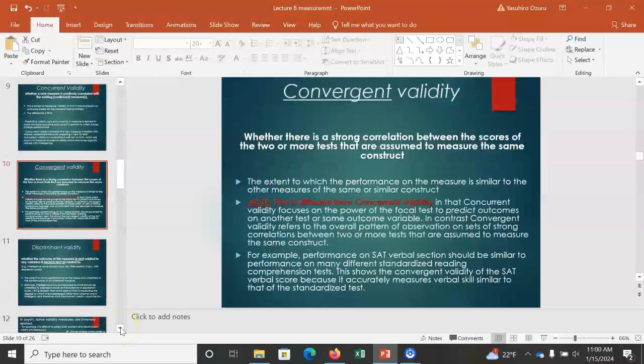Convergent validity is also somewhat similar to concurrent validity and predictive validity. It asks whether there is a strong correlation between the scores of two or more tests that are measured to measure the same construct. So first, you have a bunch of different kinds of measures that you already know measure some important constructs such as intelligence, for example, SAT verbal, SAT mathematics, and academic performance.